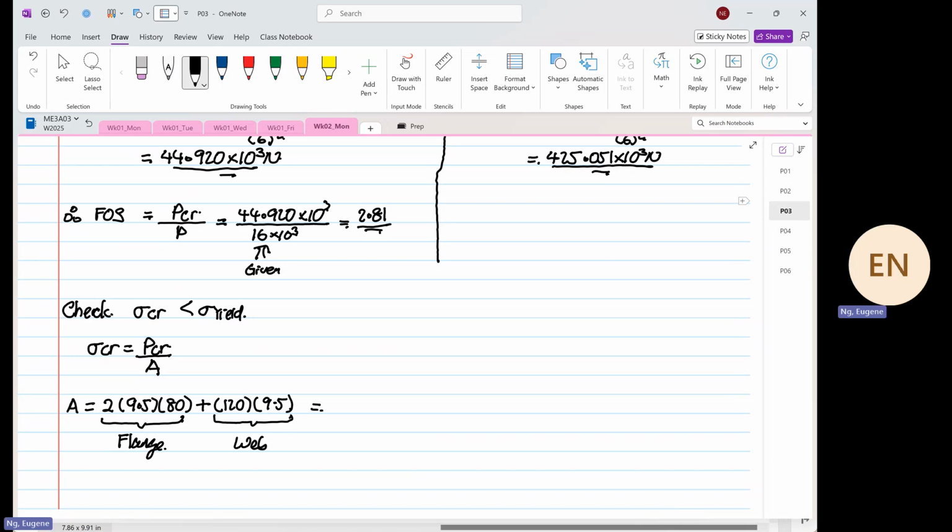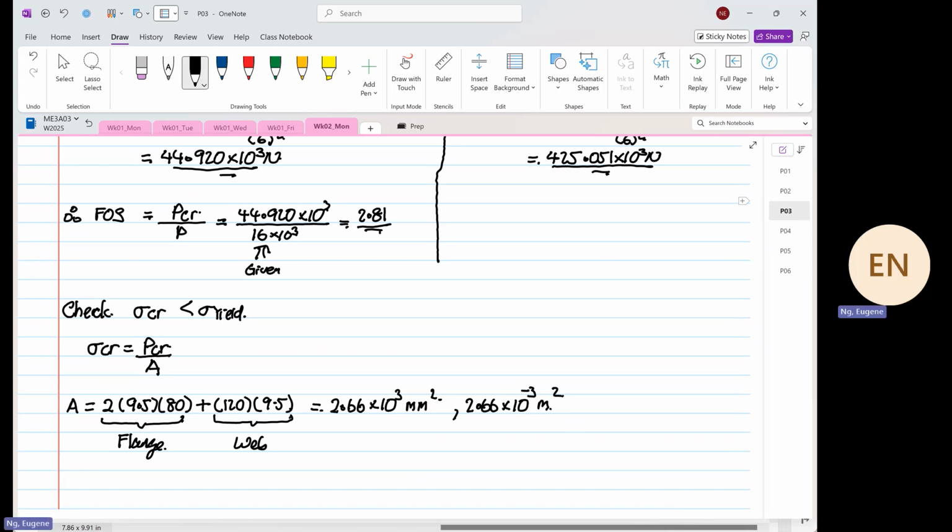So 2 times 9.5 times 80 plus 120 times 9.5 is equal to 2.66 times 10 to the power 3 millimeters squared. So in meters, it is 2.66 times 10 to the power minus 3 meter squared.